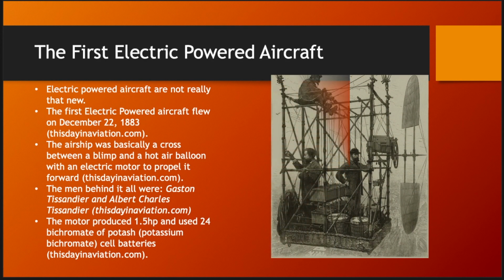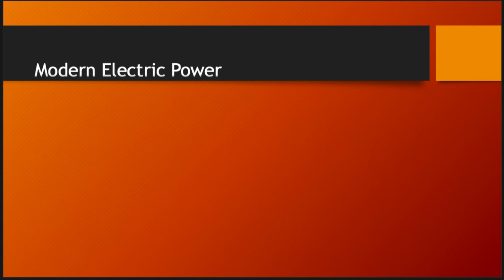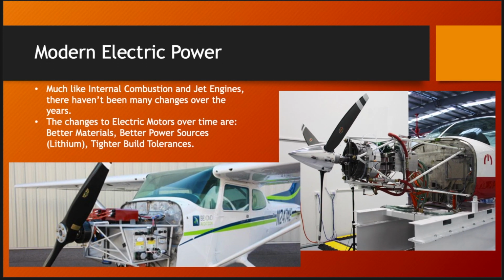So the first electric powered aircraft actually flew back in 1883. It was basically a dirigible, so it was a rigid airship. And it utilized hydrogen to make it float, and it had a 1.5 horsepower electric motor on it.